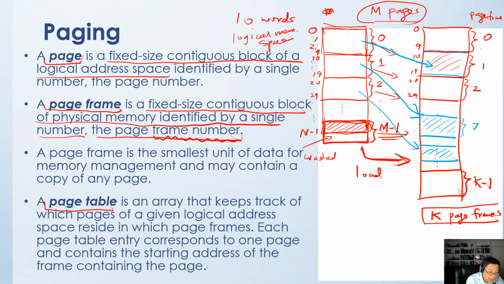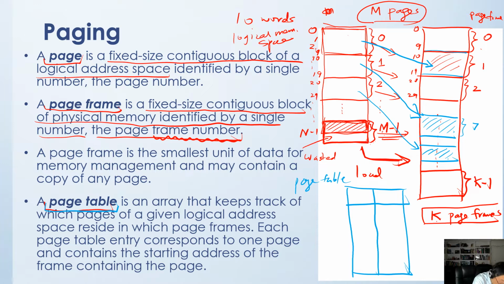Now, the operating system needs to keep track of which page is loaded into which frame. The page table is designed to keep this mapping. So here the page table contains the page number and the frame number, or page frame number.